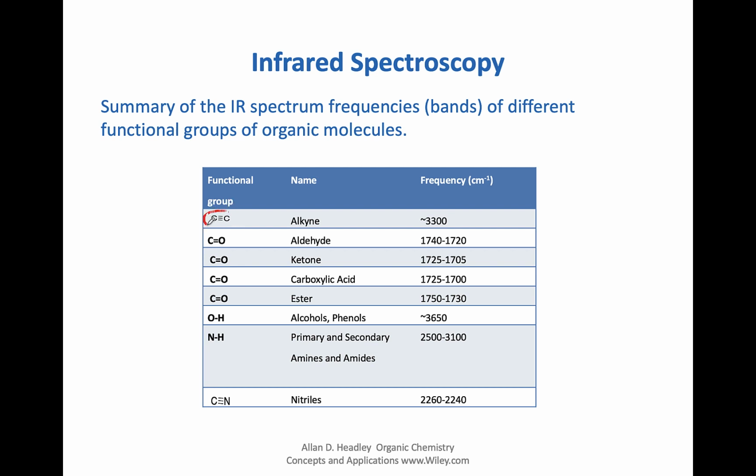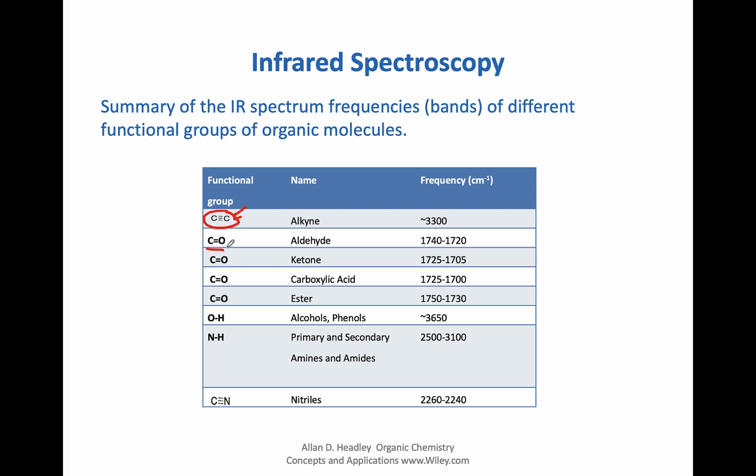So here the alkyne will have a frequency of 3300 in that region. So if you do your infrared spectrum and you get a band or an absorption or a signal in this region, there's a strong indication that it's a carbon-carbon triple bond.